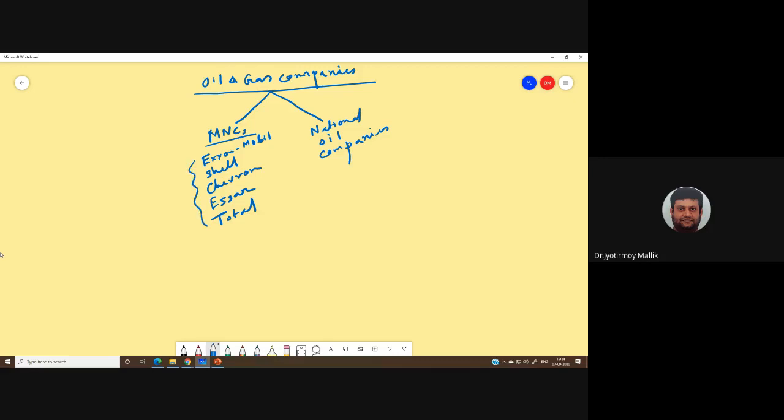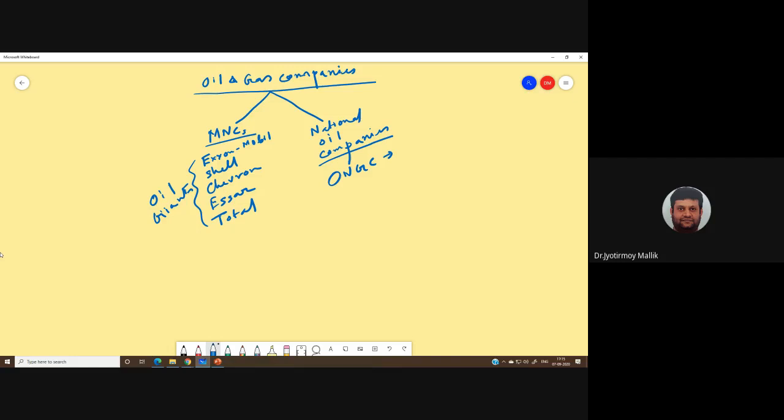They're also called oil giants because of the sheer size of these companies. Multinational companies are simply the companies which operate in different countries. And then you have national oil companies, which are based in certain countries. For example, the national oil company for India is ONGC, the Oil and Natural Gas Corporation.